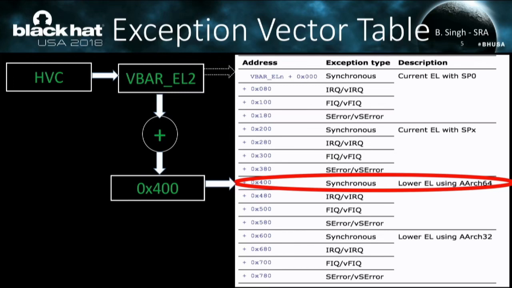In case of an HVC originating from a 64-bit kernel, the exception handler that will be executed is at an offset of 0x400. So when HVC originates from a 64-bit kernel, the CPU refers to the VBAR_EL2 register, obtains the pointer, adds 0x400 to it, and then executes the handler code from there. This is how the hypervisor services the request from the OS, and they communicate with each other. So this explains how the communication happens internally between the OS and the hypervisor.